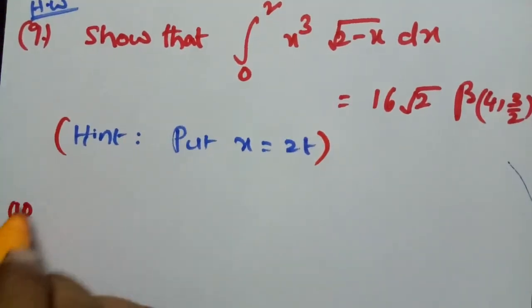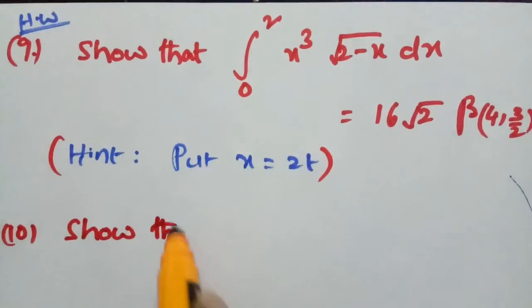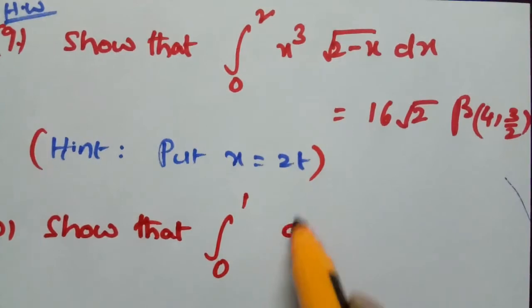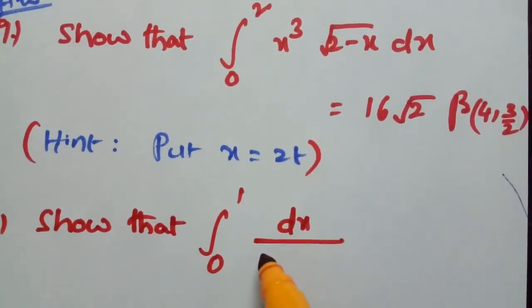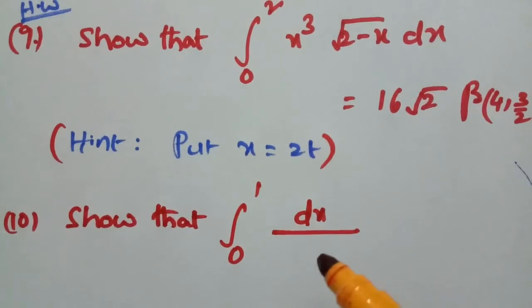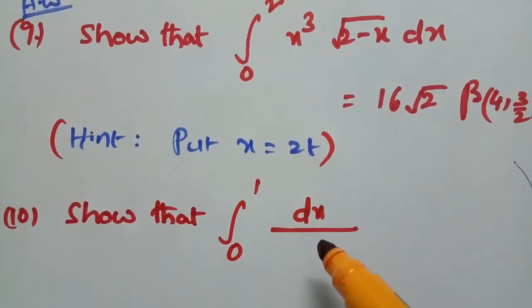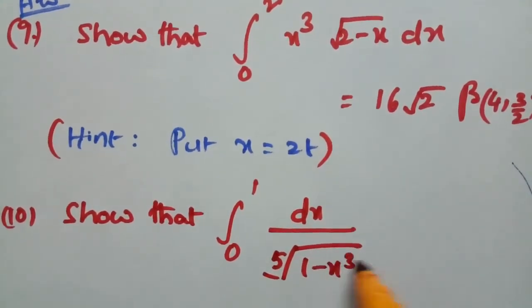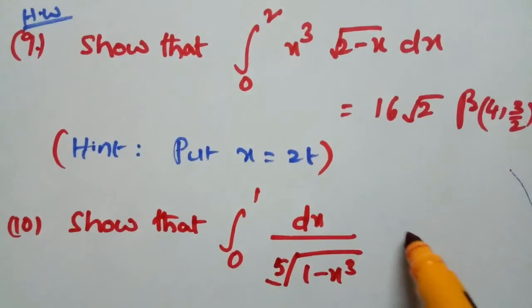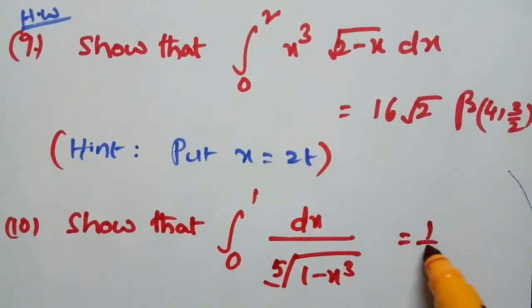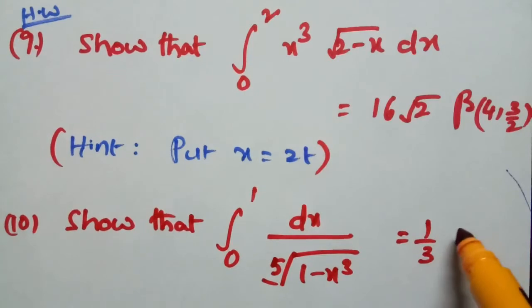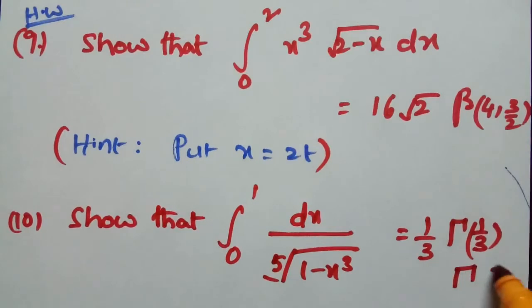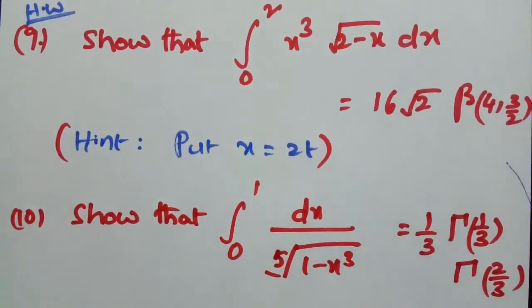Problem number 10. Integral 0 to 1 dx by fifth root of 1 minus x cube is equal to 1 by 3 into gamma 1 by 3 into gamma 2 by 3, comma 2 by 3.